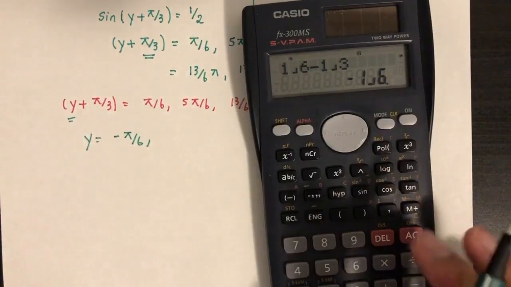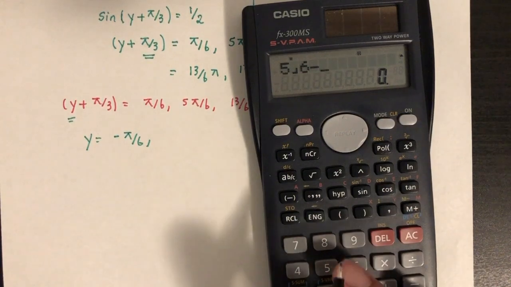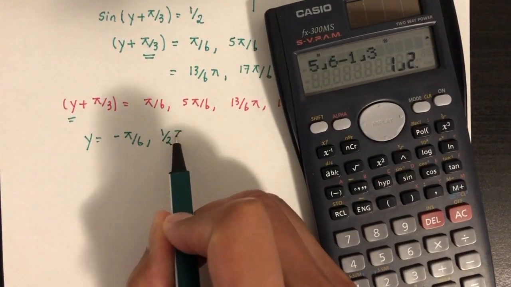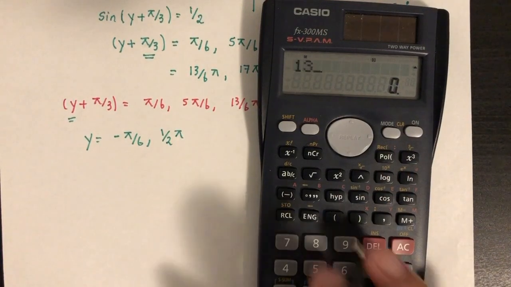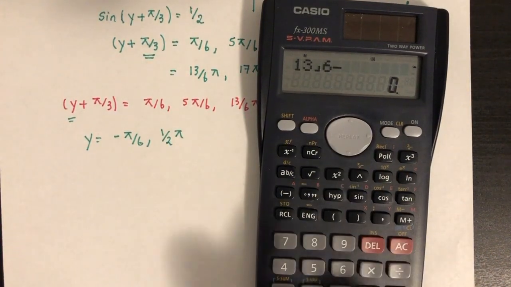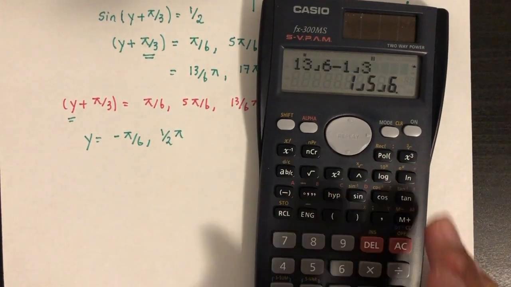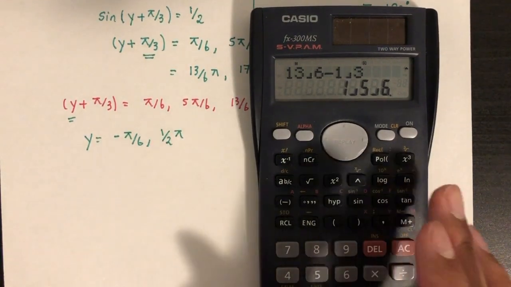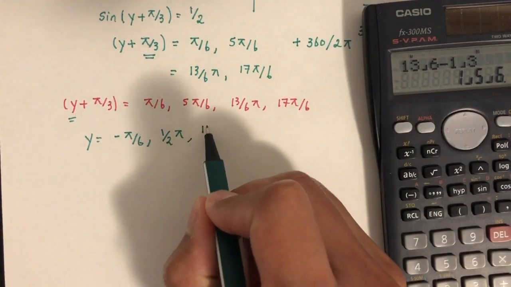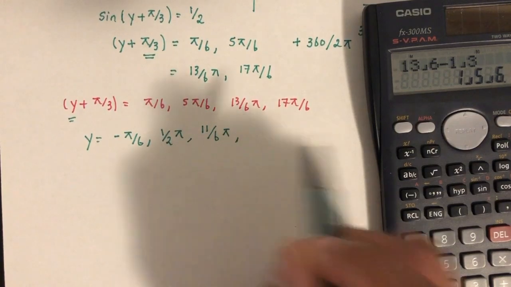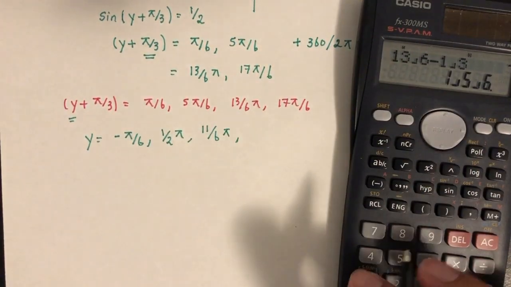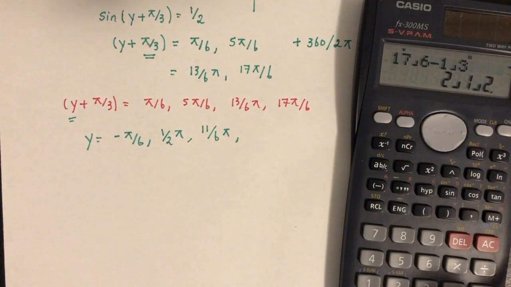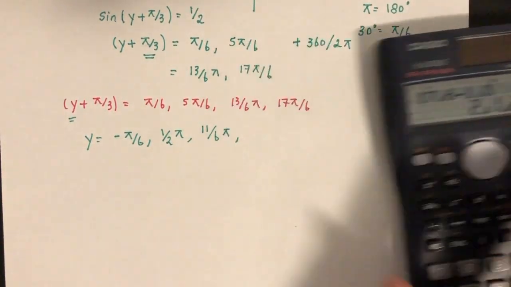And we have 5 over 6 minus 1 over 3, that will be 1 over 2 pi. And we have 13 over 6 minus 1 over 3, that will be 11 over 6 pi. And the last one, we have 17 over 6 minus 1 over 3, that will be 2.5 pi.